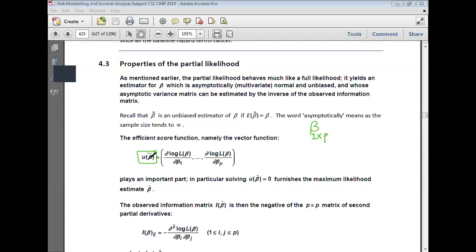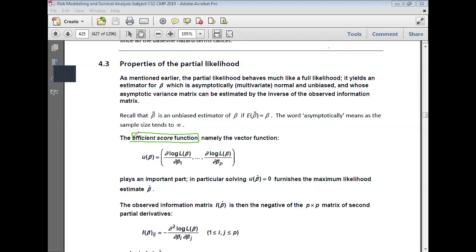So again, if this beta were a column matrix instead of 1 by p, if this were p by 1, then this U of beta would be something like this with the same elements in here. But because my beta is a row vector, you are bound to write this particular thing in a row. And this is known as the efficient score function. So again, these are just the terminologies that are getting changed, but we are trying to do the same thing.